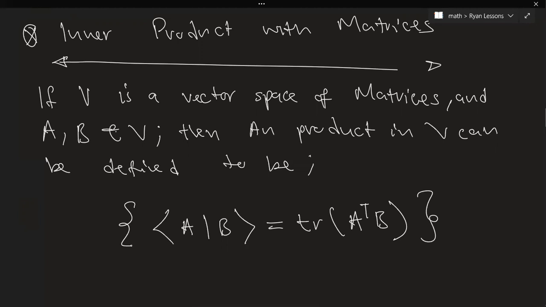So in order for us to get a real number out of that, this is how we can suitably define it. You can construct many other ways. You can also use the determinant, because we know that the determinant is also one way of associating a number with matrices.